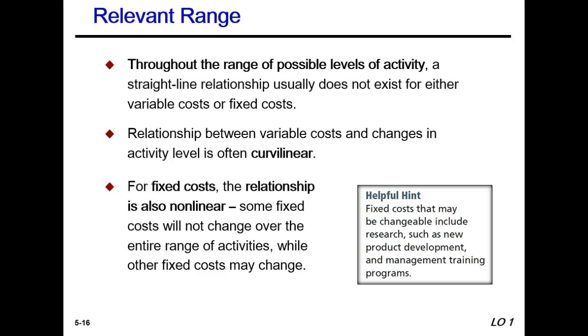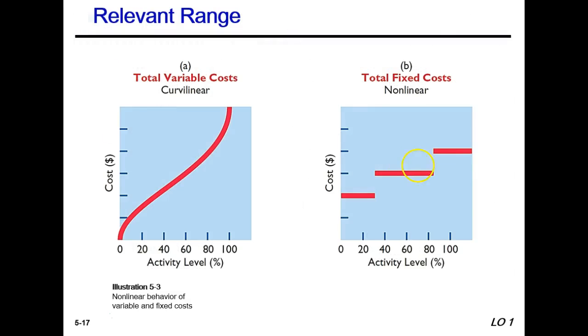Some fixed costs will not change over the entire range of activities, while others may change. Okay. So when we're dealing with variable costs, the curvilinear relationship is affected within the relevant range. For total fixed costs, it's nonlinear.